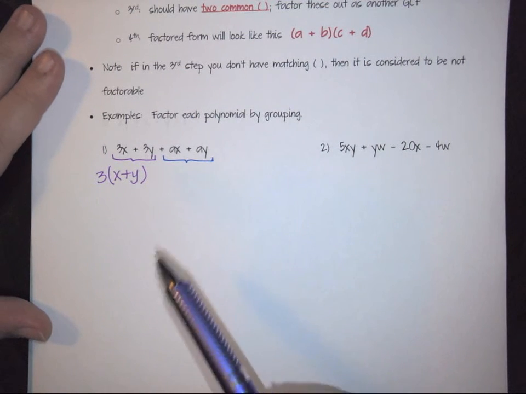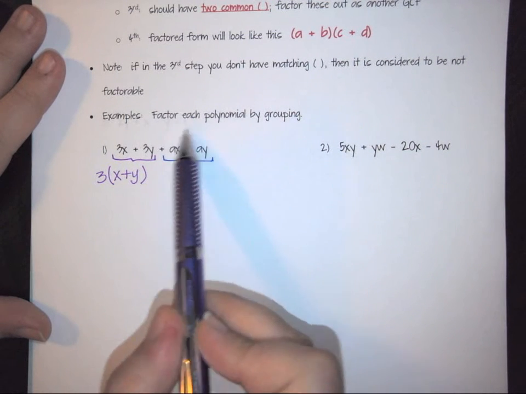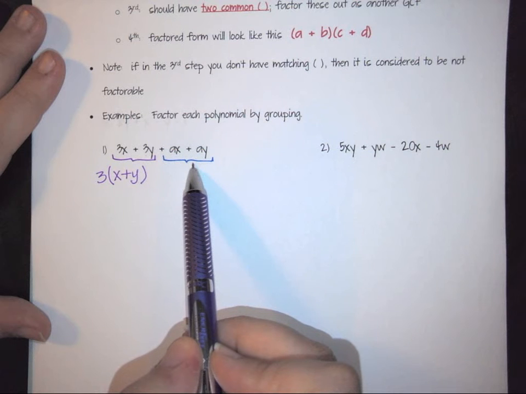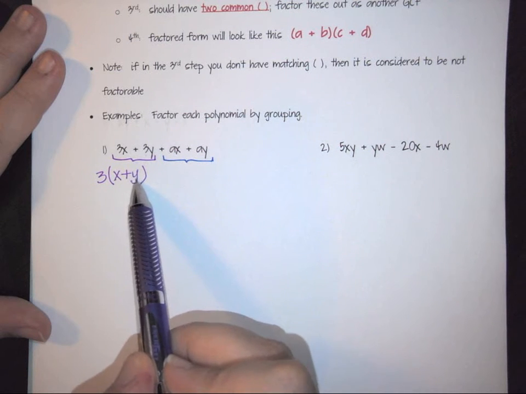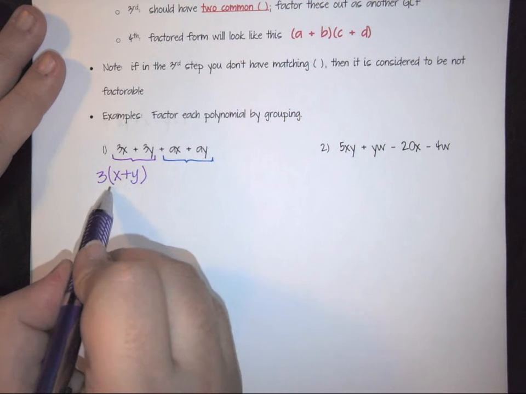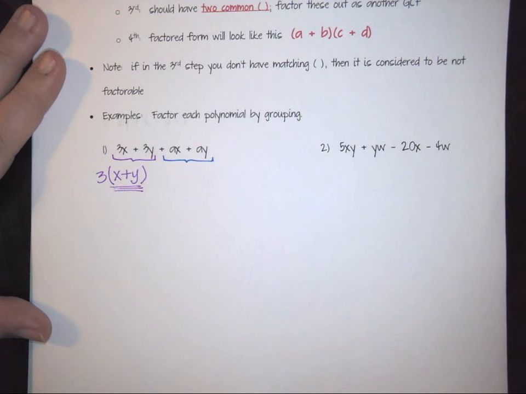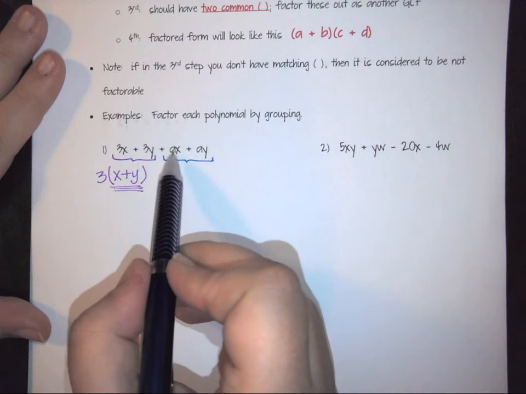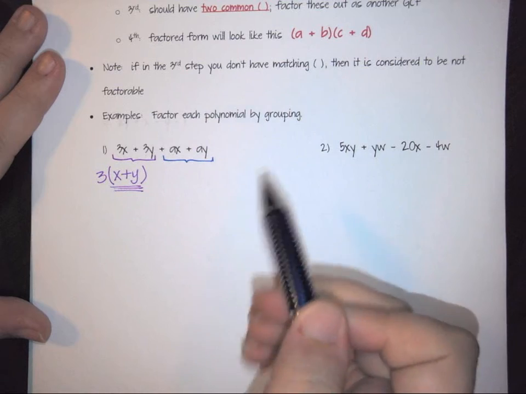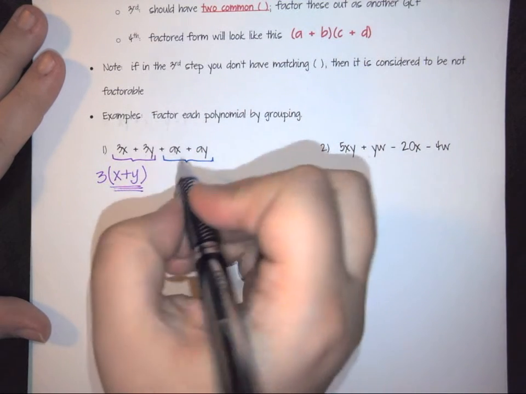Now my hope is that when I find my GCF for my back term here, I'm left with this same binomial piece. So this part is the part that is the most important. So when we look at this back piece, I have ax plus ay. So I need to pull the a out.